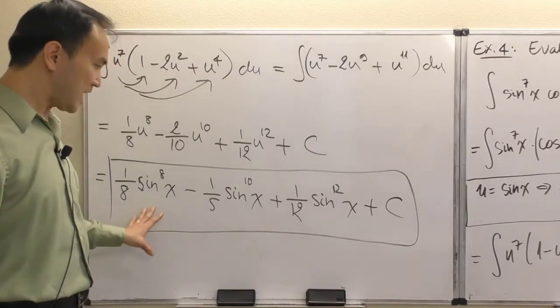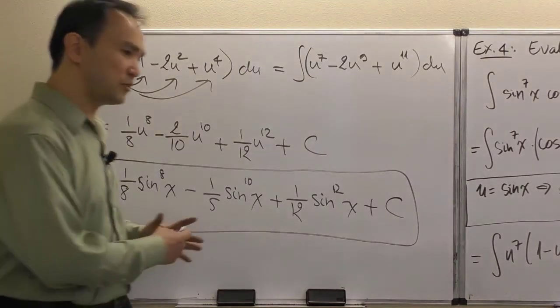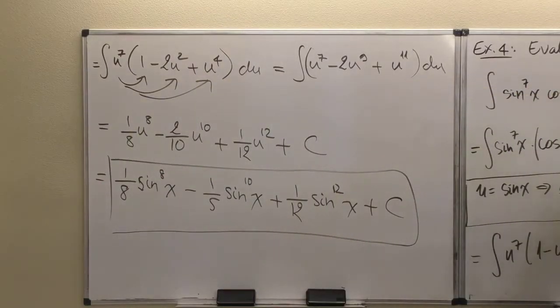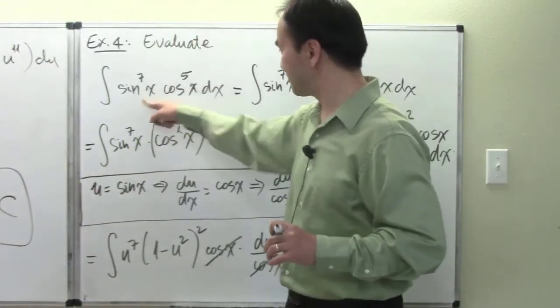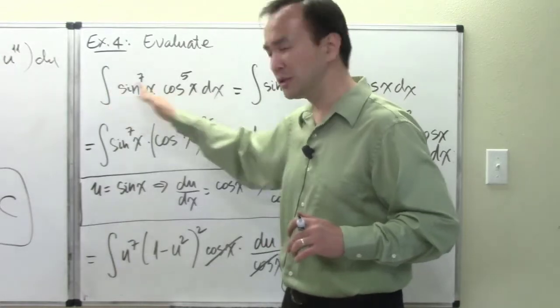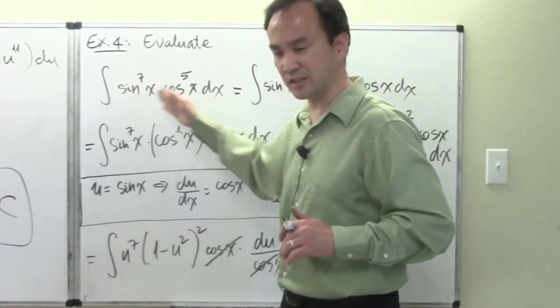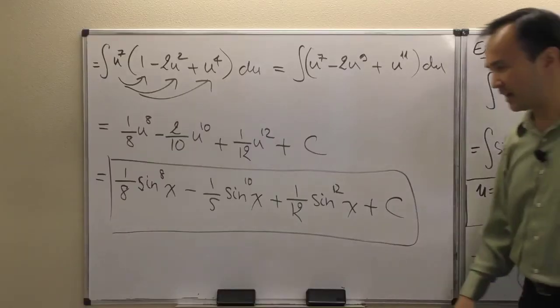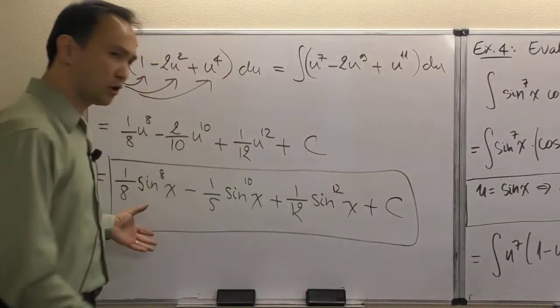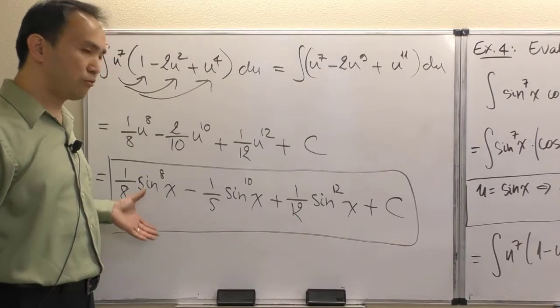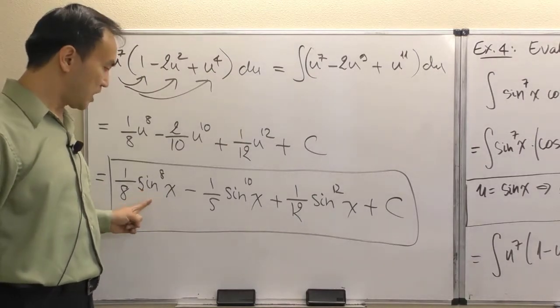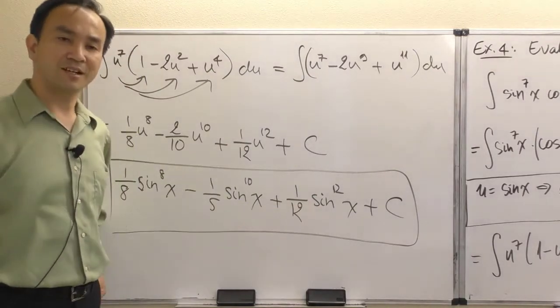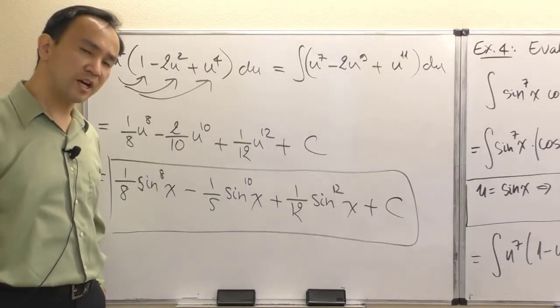We started out with an integral that contains two kinds of function: a sine and a cosine of x. But now in our final answer, as a final indefinite integral, everything is completely in terms of sine of x only.